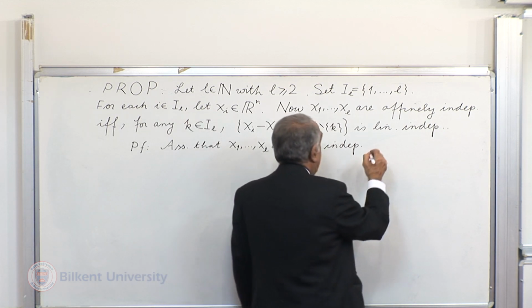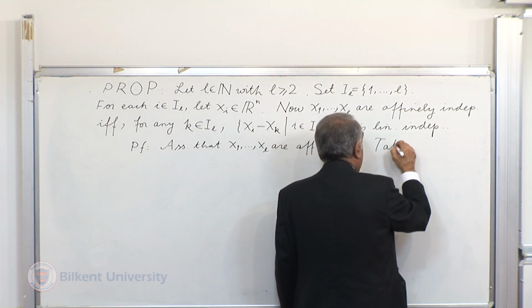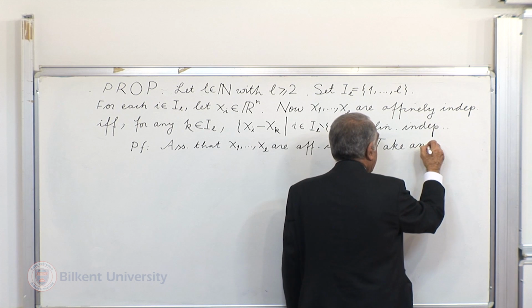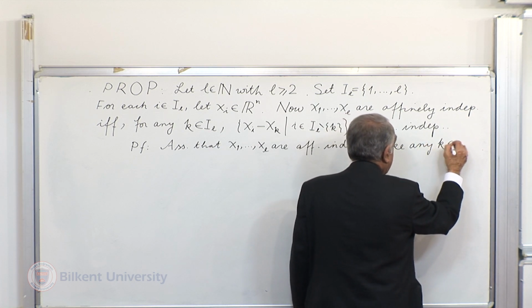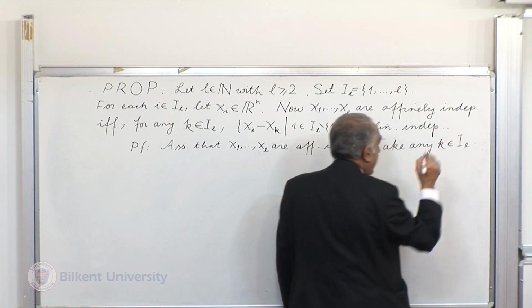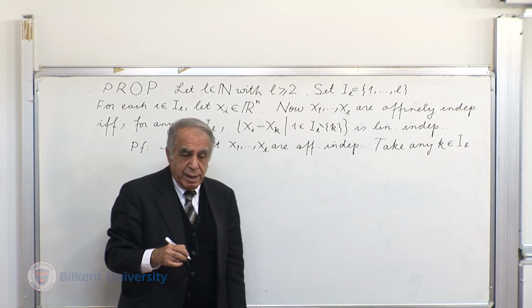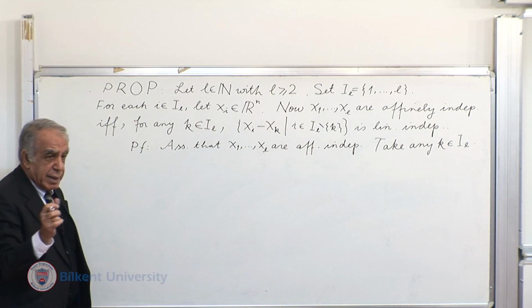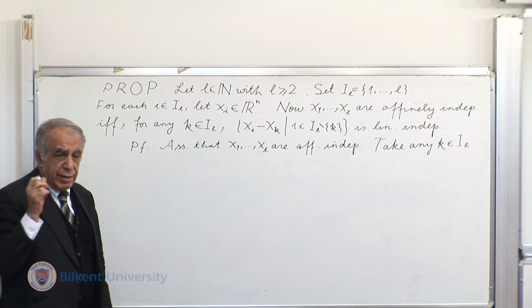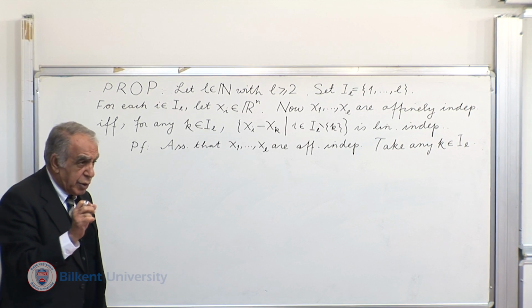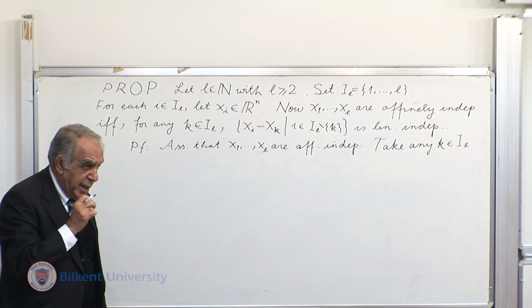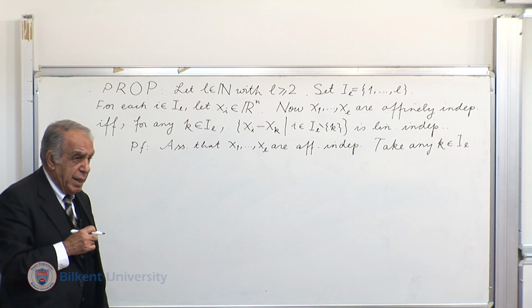Take any k in I_L, and now consider x_i minus x_k when i is different than k. We wish to show that that collection is linearly independent.